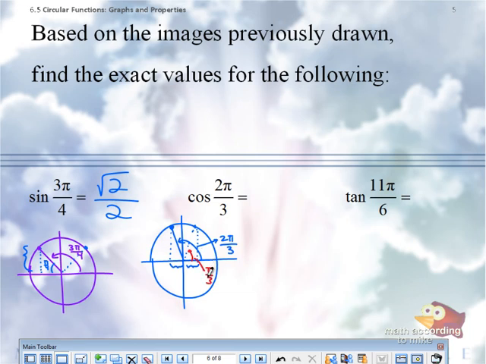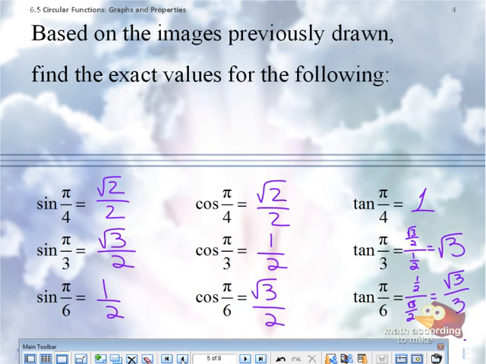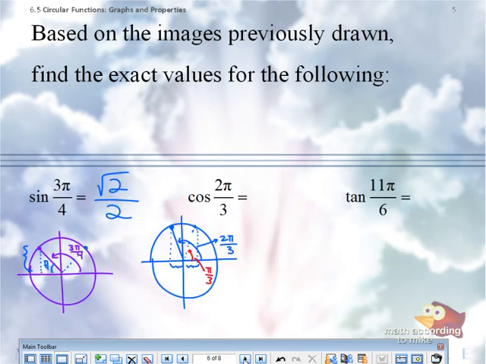So what's the cosine of pi over 3? Flashback. What's the cosine of pi over 3? A half. So what's the cosine of 2 pi over 3? Negative 1/2.